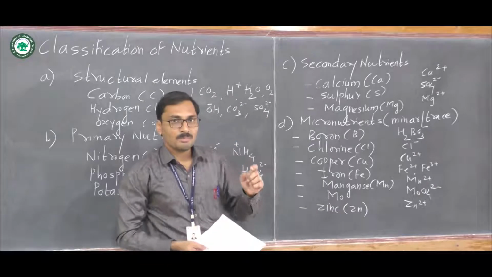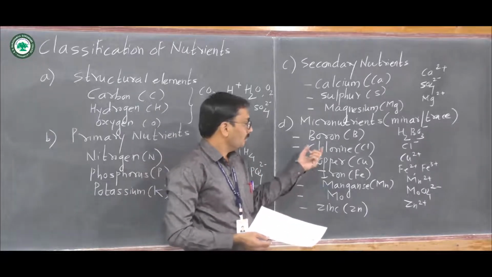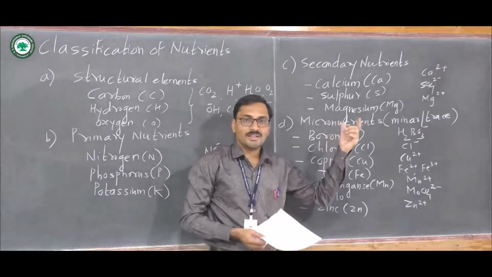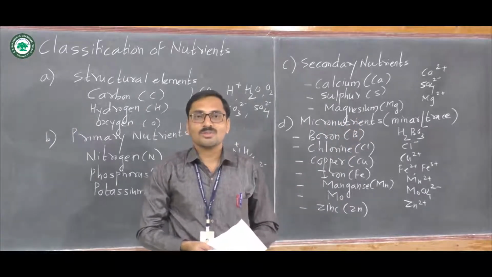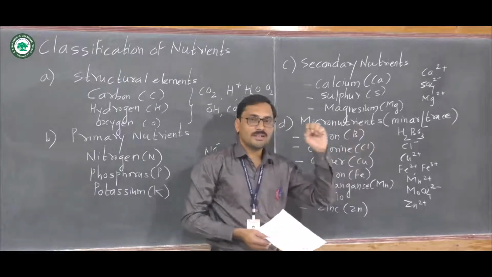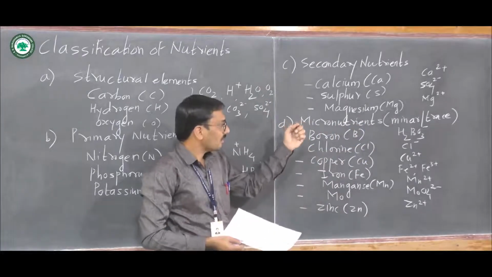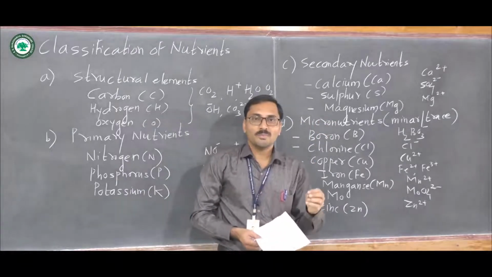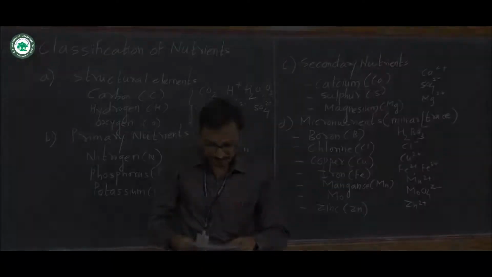If a particular plant gets a large amount of micronutrients, then it is somewhat toxic to the given plant. So it should be noted that the percentage of micronutrients required by the given plant should be minimum, should be less.